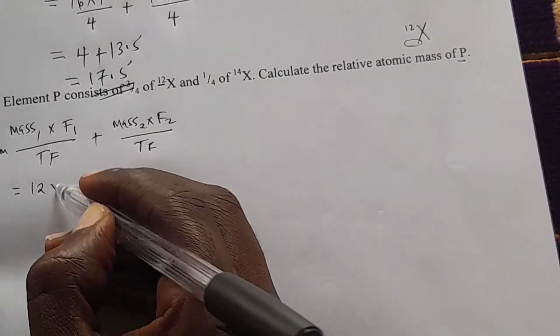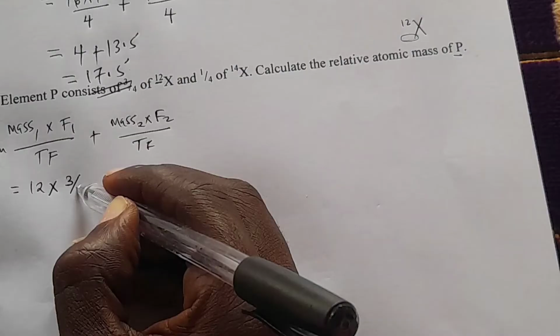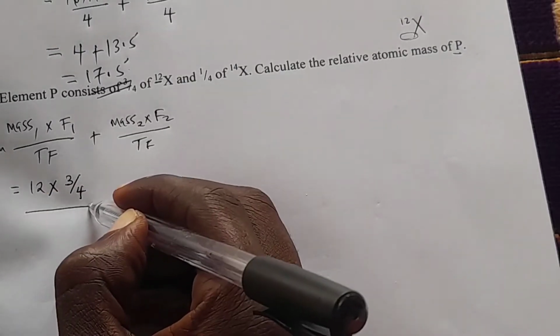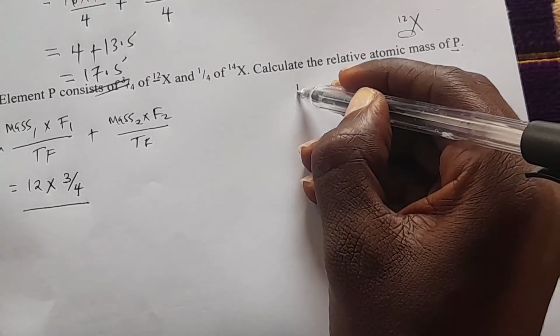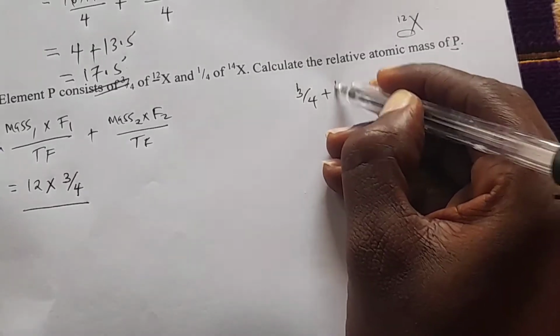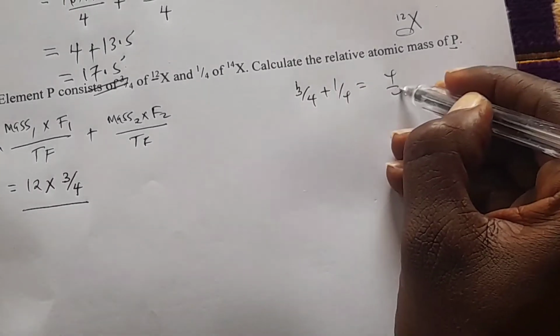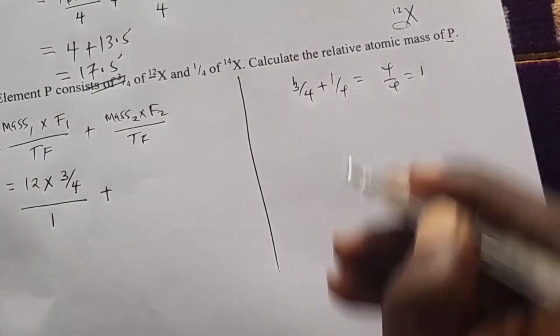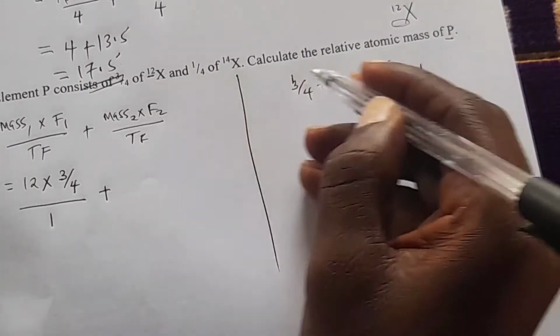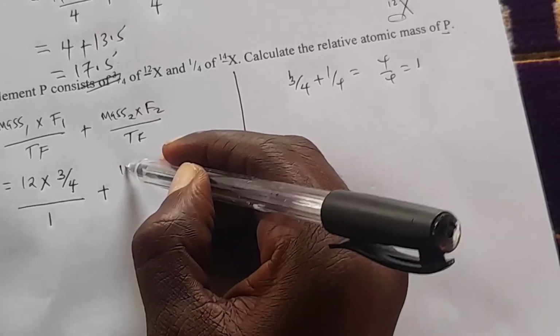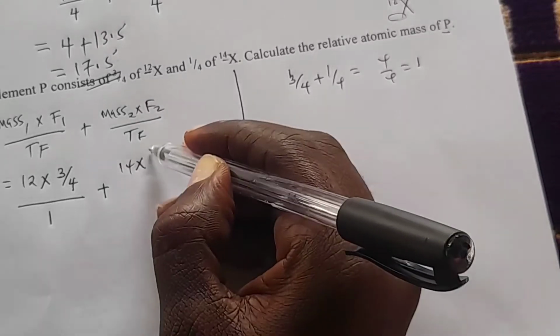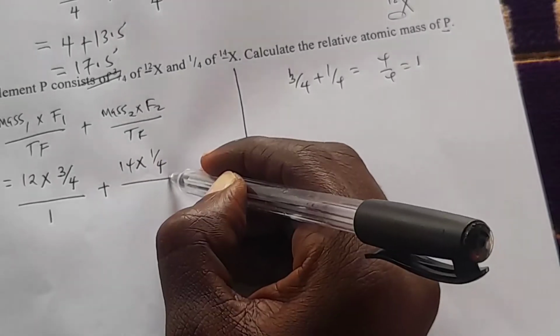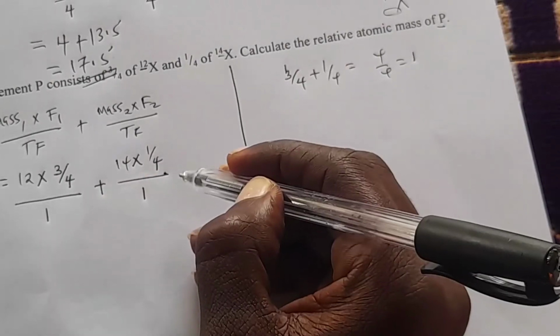It's 12 times the first fraction, that's 3 out of 4, divided by the total fraction. So what is 3 out of 4 plus 1 out of 4? These are 4 out of 4, which is just 1. So you say divided by 1, plus mass number 2, which is 14, times 1 out of 4, divided by 1, which is the total.